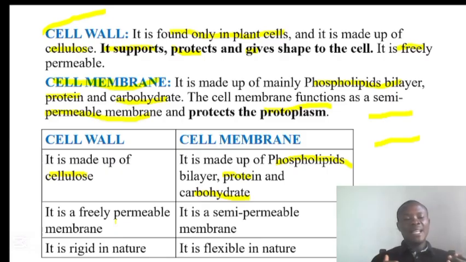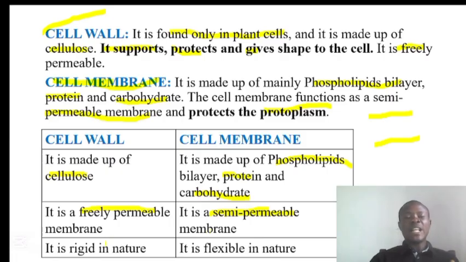Also, whether they allow substances to pass through or are selective: the cell wall is a freely permeable membrane. That means it can allow all substances to pass through. While the cell membrane is a semi-permeable membrane. That means not all substances will be allowed to pass through.